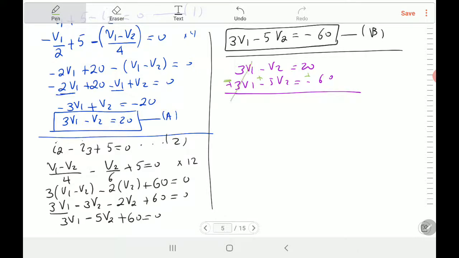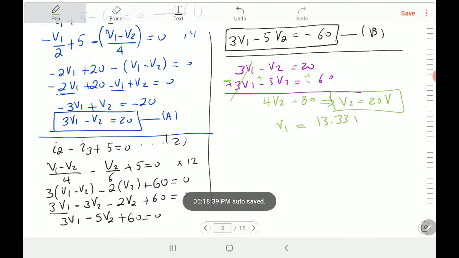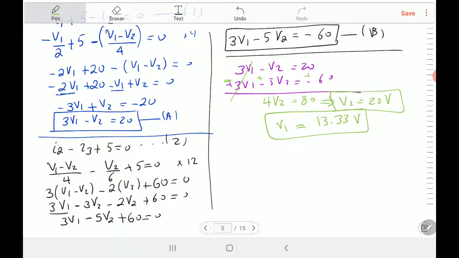You add: 3 minus 3 is 0, plus 5V2 minus V2 is 4V2, equals 80. So V2 is equal to 20 volts. Then you can substitute to find V1, which is equal to 13.33 volts. You can check by yourself. Okay, great. So that was the first example, easy and simple for this method.